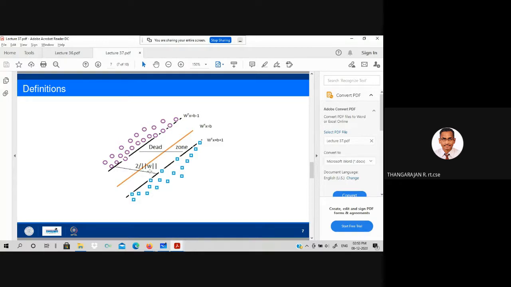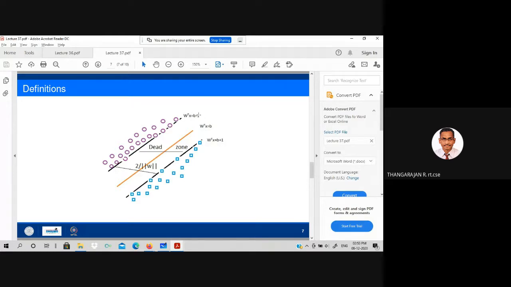So 2 by norm of W is the width of the gap, and whatever points lie in this region, it's called a dead zone. The points that lie on either side: this is W transpose X equal to B, this is W transpose X equal to B minus 1, and this is B plus 1.